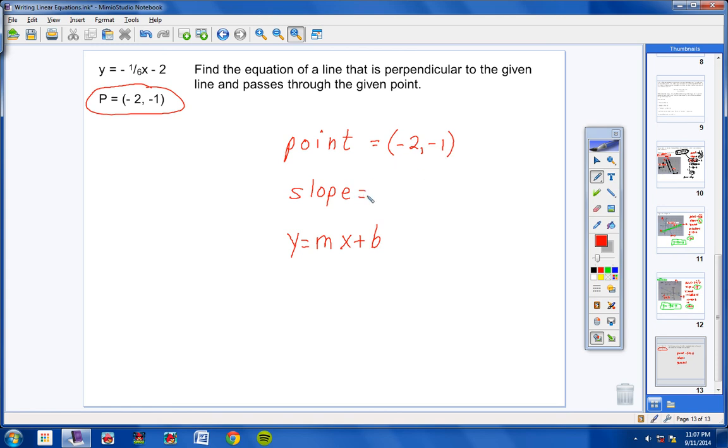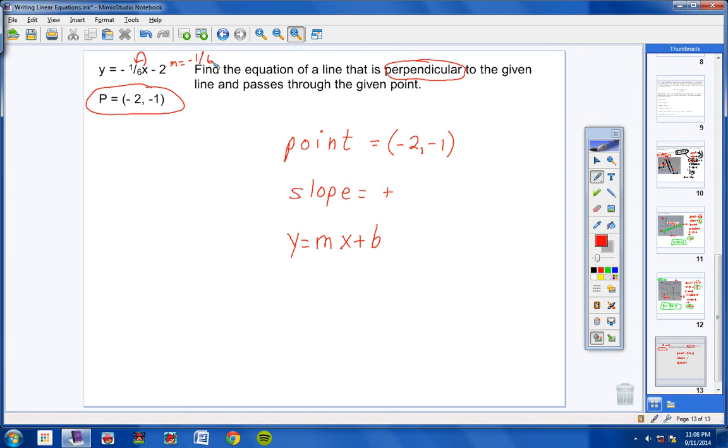Now, do we know the slope? Well, let's see. The two lines that we're dealing with are perpendicular. So, if the slope of this line here, notice y is all by itself, and the coefficient of the x is negative 1/6, then the slope of this line would be, well, it's negative, so we make it positive.